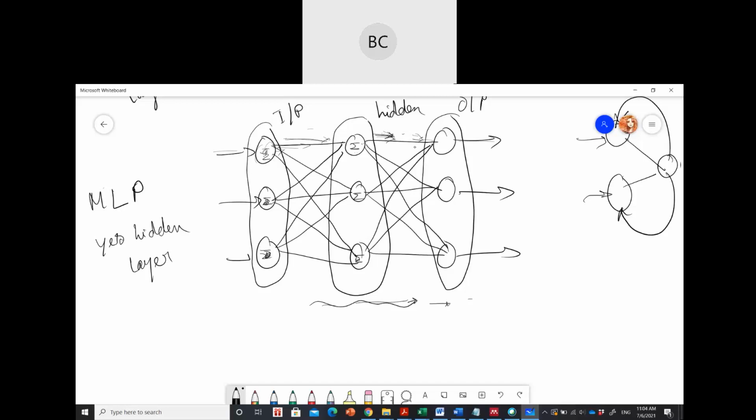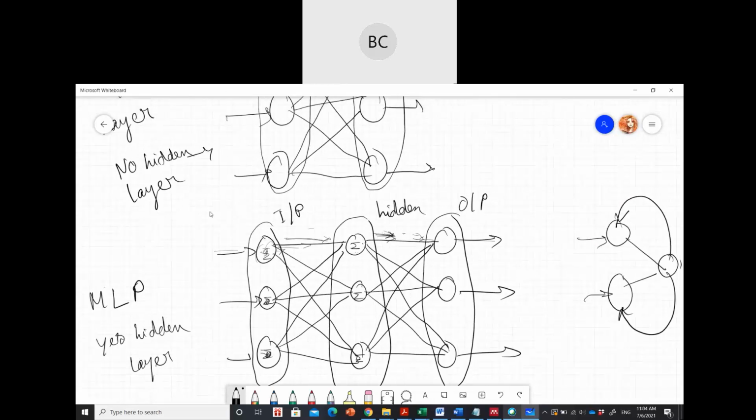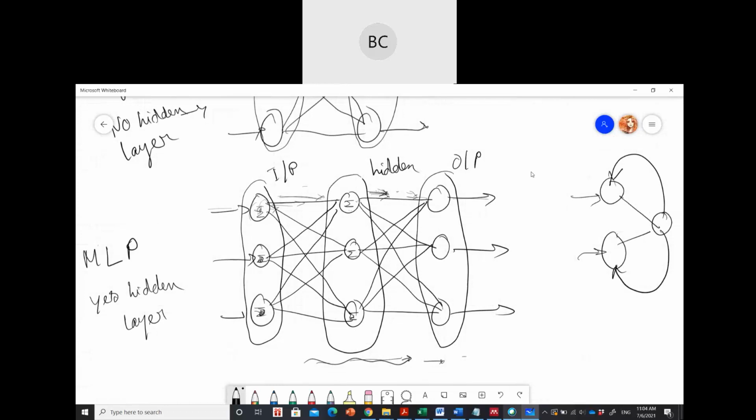Okay, this meeting is going to end soon, so I'll just stop here. We will continue the neural network part tomorrow. So I hope the basic thing is clear. We will come to the mathematical part tomorrow, how it exactly works.